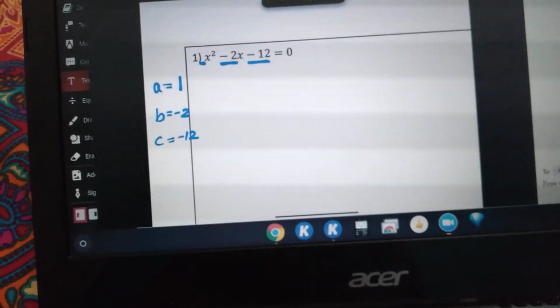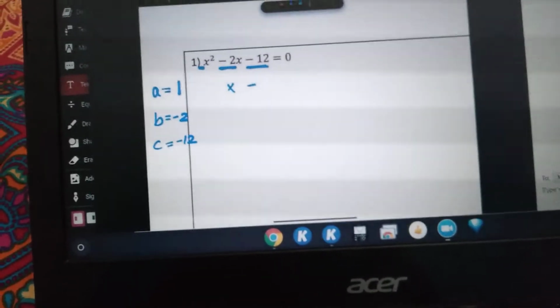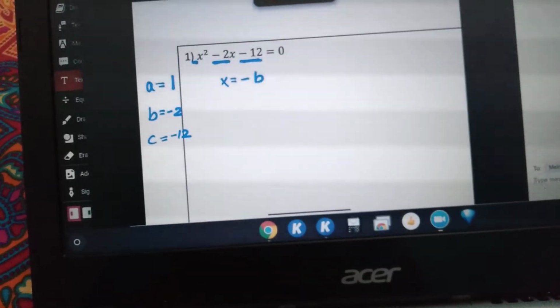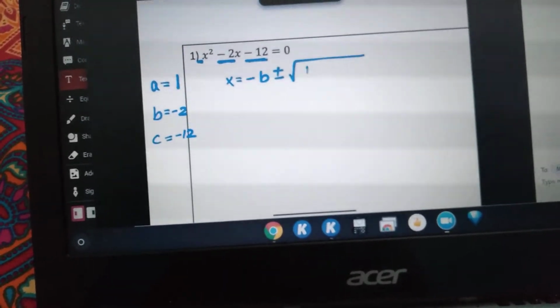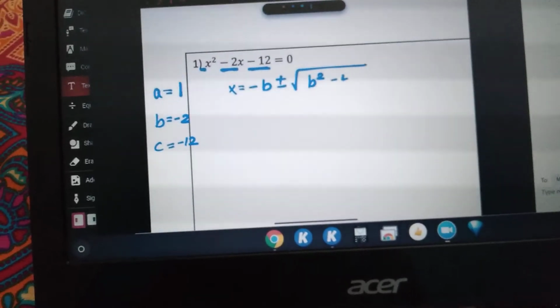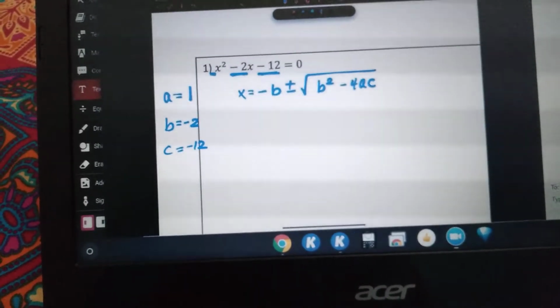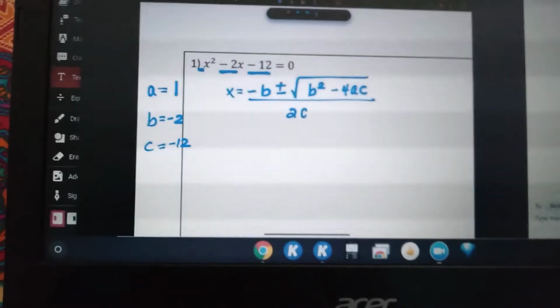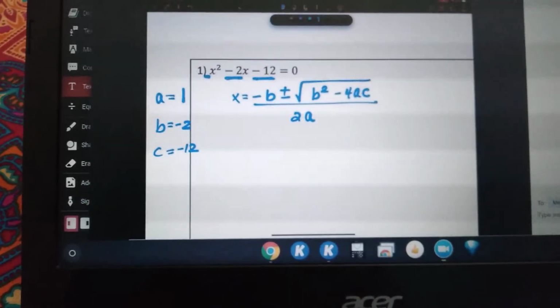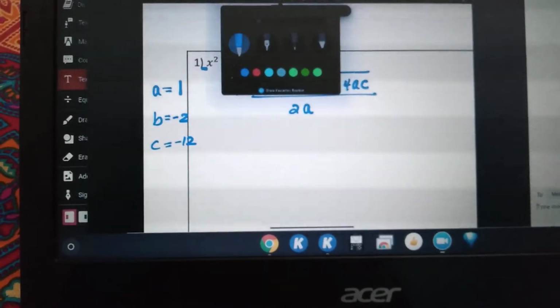So now I'm going to write the formula. X equals negative b plus or minus the square root of b squared minus 4 times a times c, all over 2 times a. That's the formula. Plug and play.